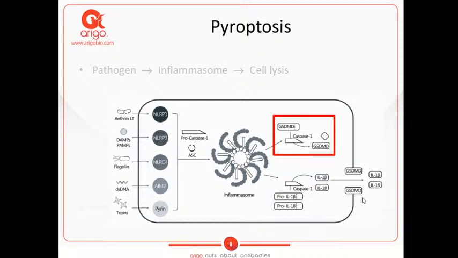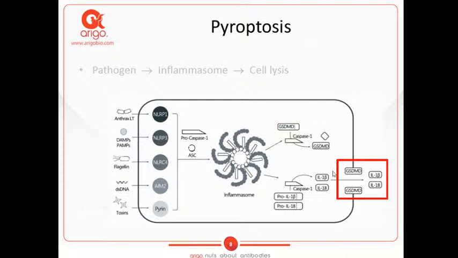The caspase-1 also cleaves gasdermin D, GSDMD. The cleaved gasdermin D has pore-forming ability, so it forms a pore in the plasma membrane and results in the cell breaking, so the cell dies. This type of cell death is called ferroptosis.